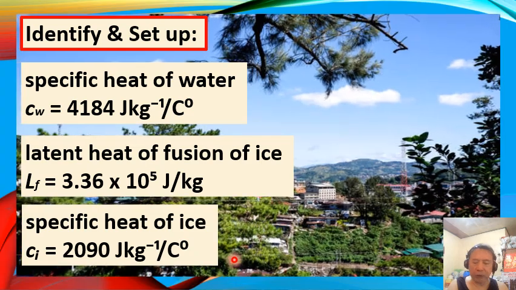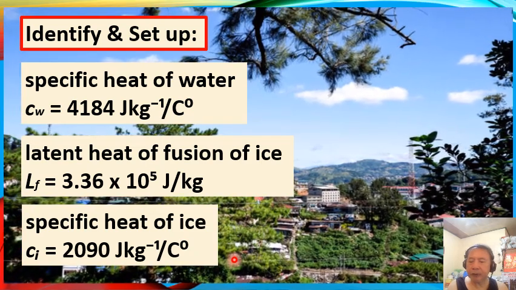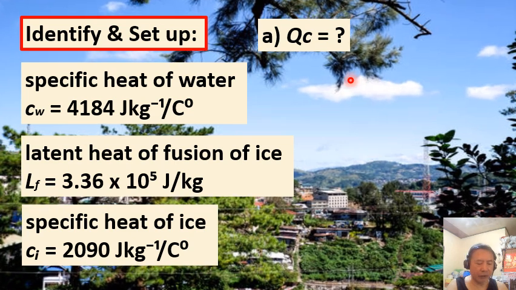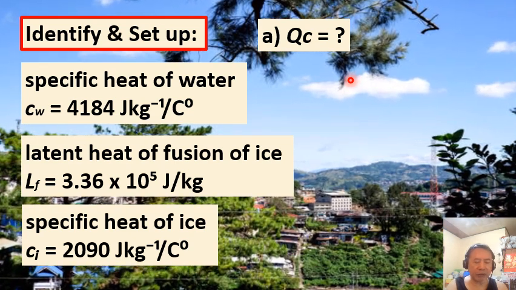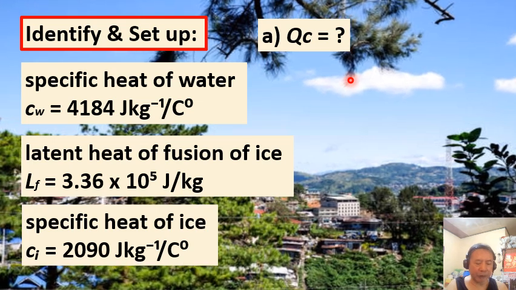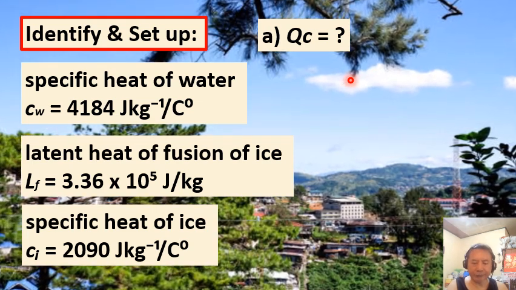And our target variables include, for part A, the amount of heat Q sub C extracted from the cold reservoir.